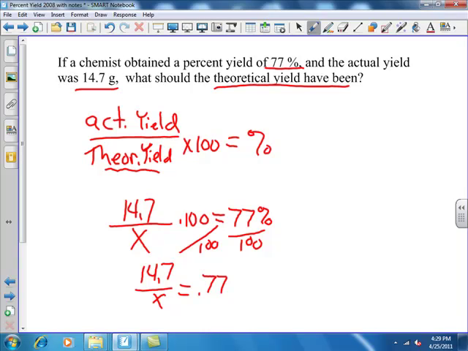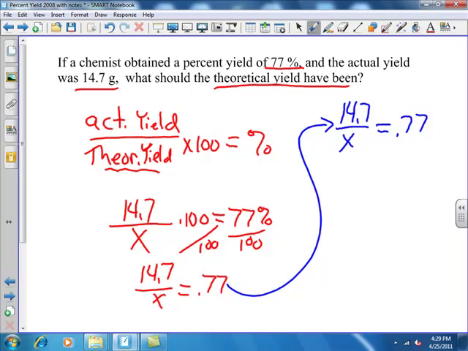Now, this is where people get lost in algebra. I'm going to rewrite this: 14.7 over x equals 0.77. I need to solve for x. I'm going to do this the very, very long way. In order to get x, you need to multiply both sides by x.